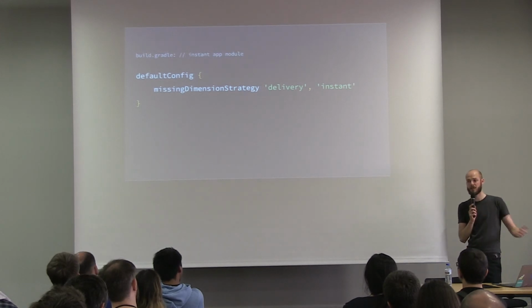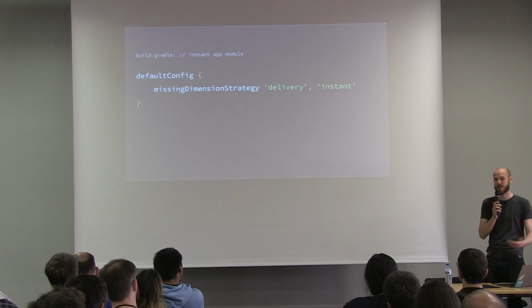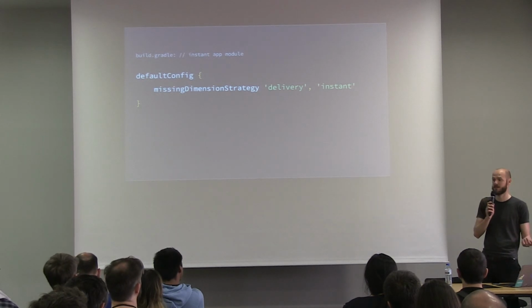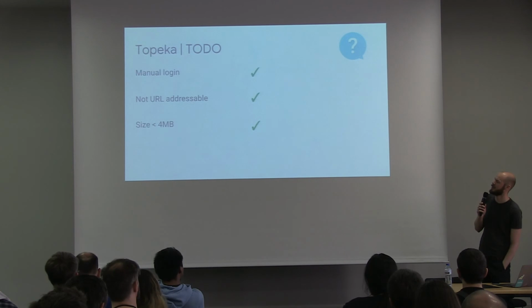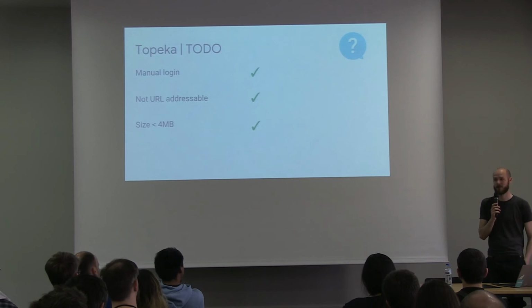So now your installed app still will be the one APK, but the instant app will be all of those APKs that are being generated. Cool, so with that, we dropped the file size considerably. We're now at 3.5, 3.6 megs for the biggest configuration that you can download to your users.